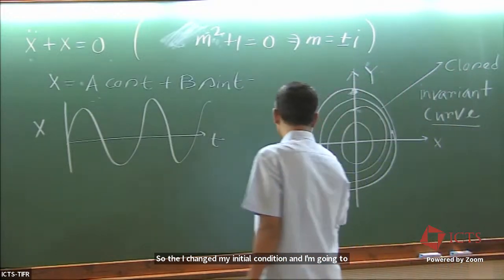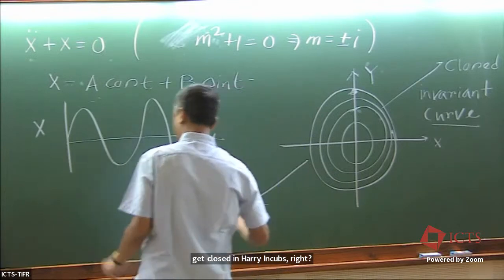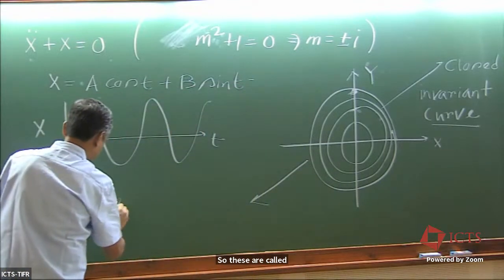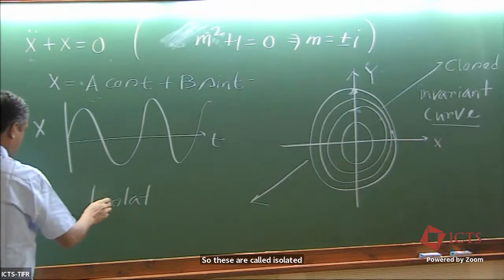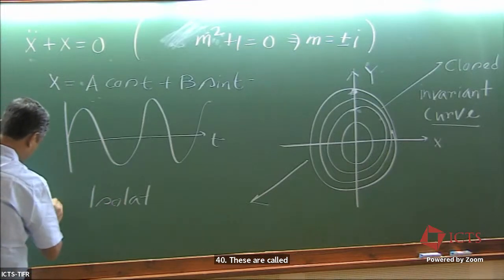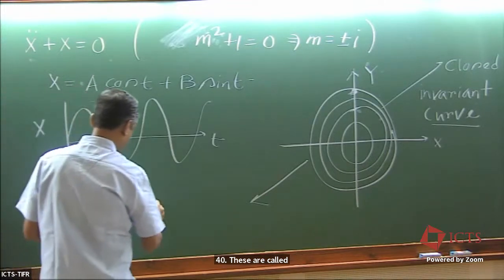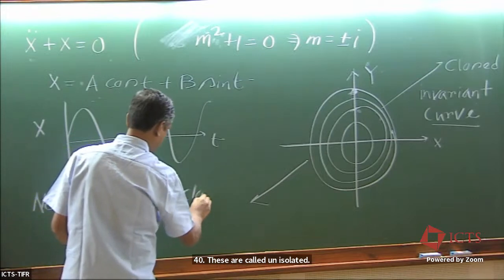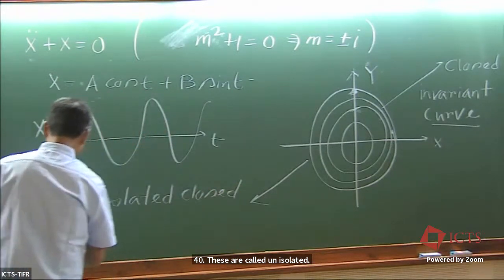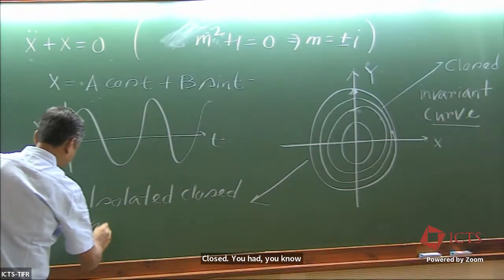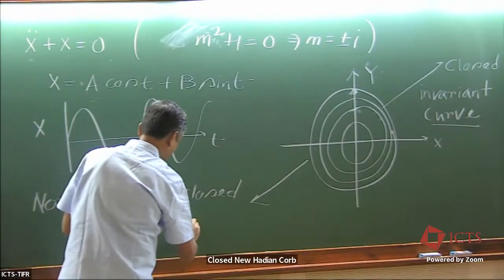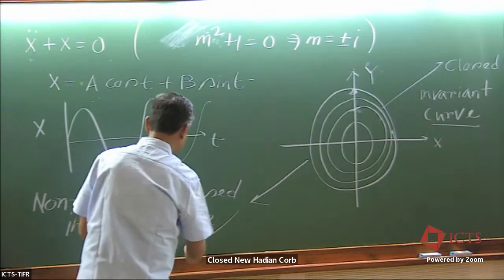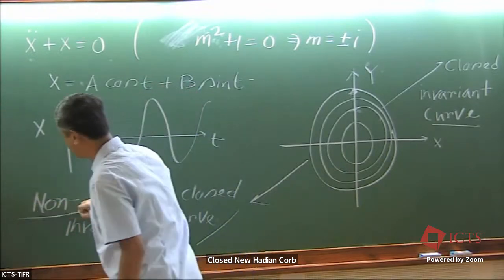So these are called non-isolated closed invariant curves. Why do I say non-isolated?